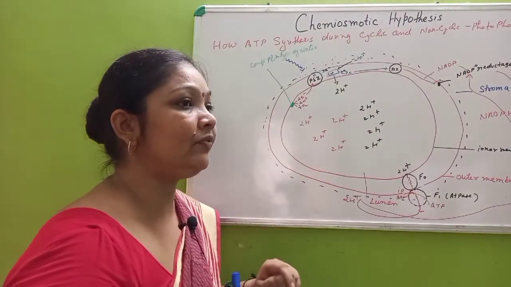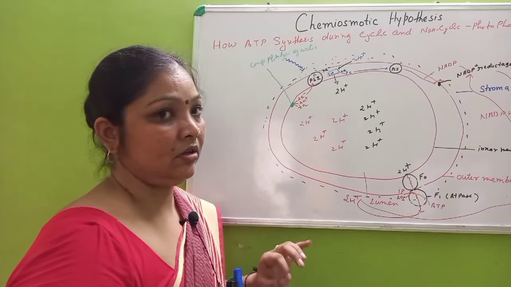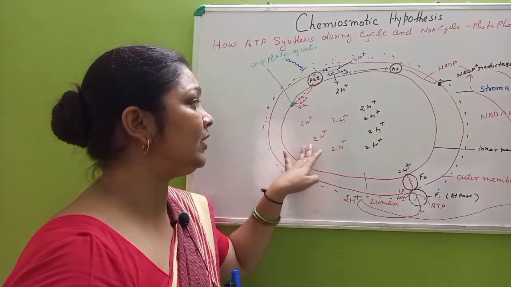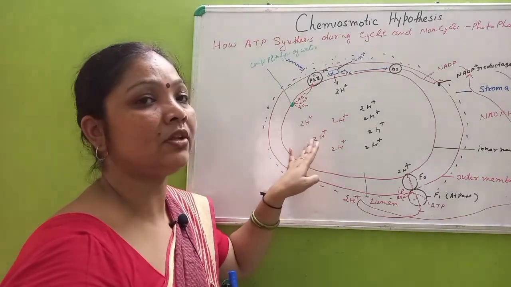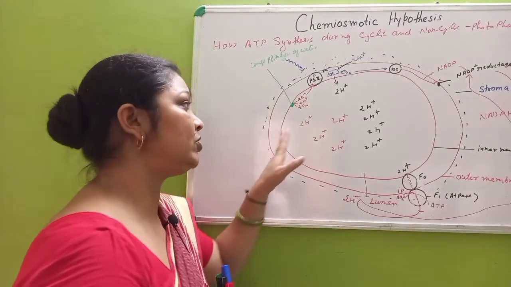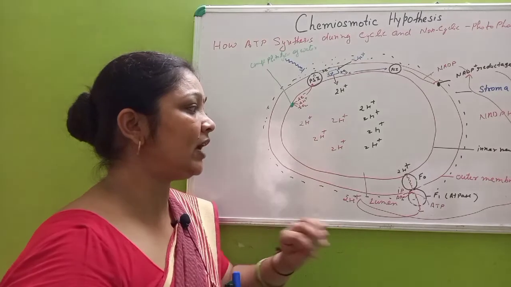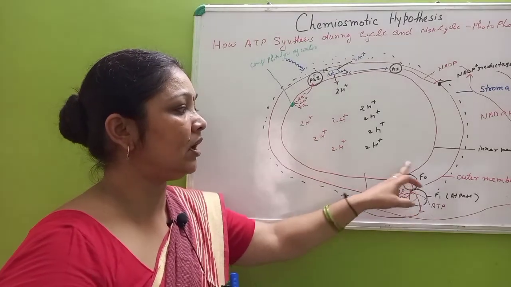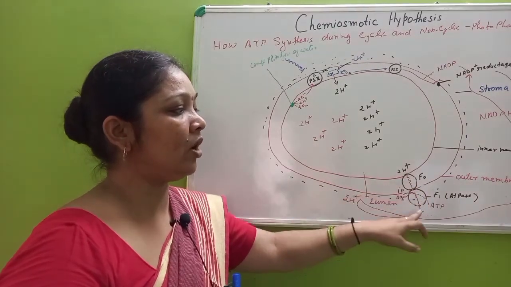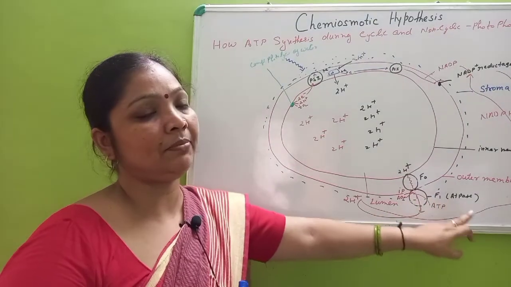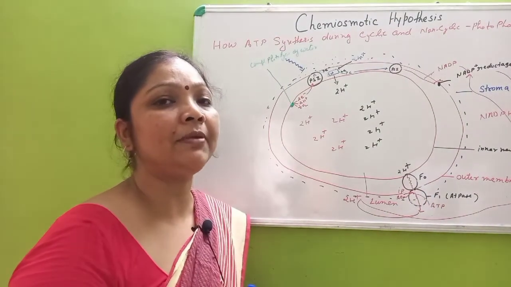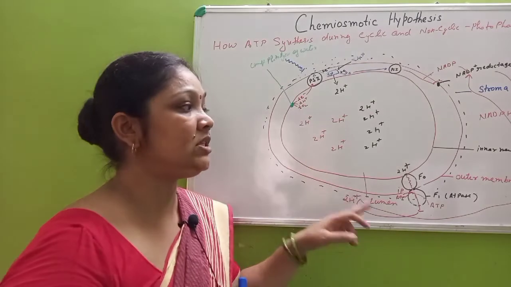The third thing that we have to remember is that the lumen contains oxygen which will diffuse outside. The formation of oxygen will take place inside the lumen. And fourth, the F0 F1 complex will act as ATPase enzyme, and that will help in the formation of ATP.